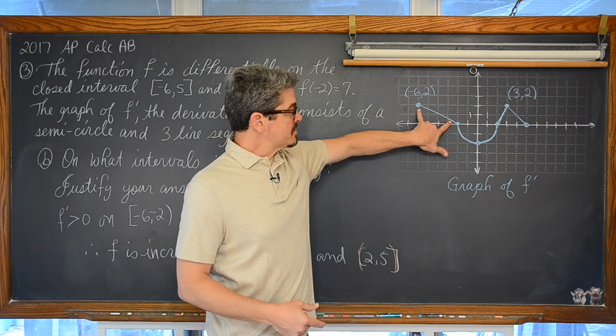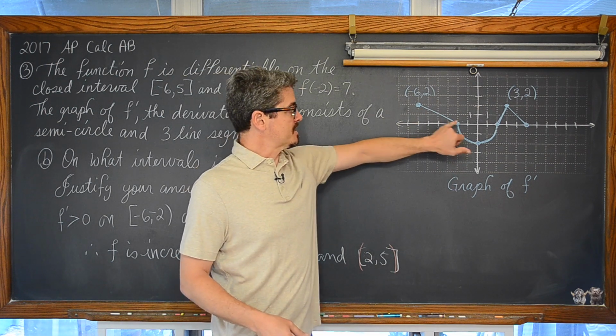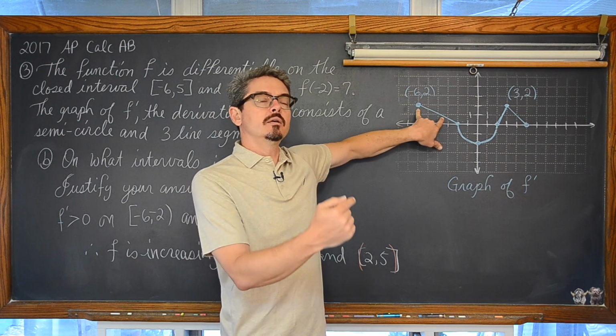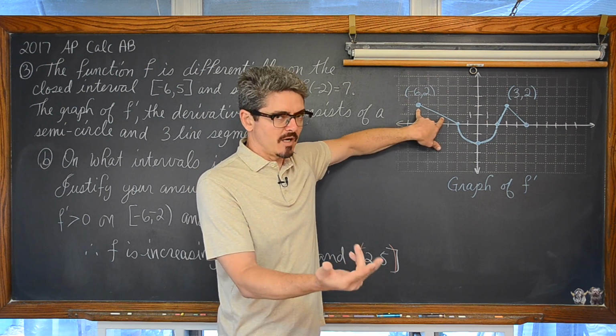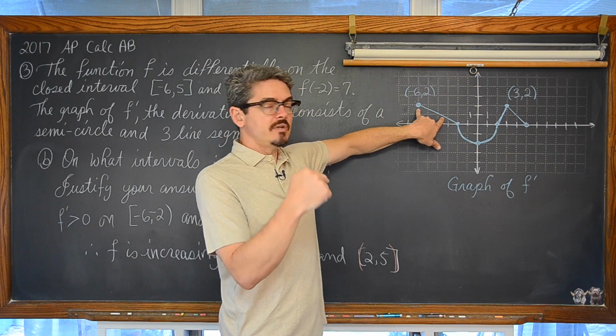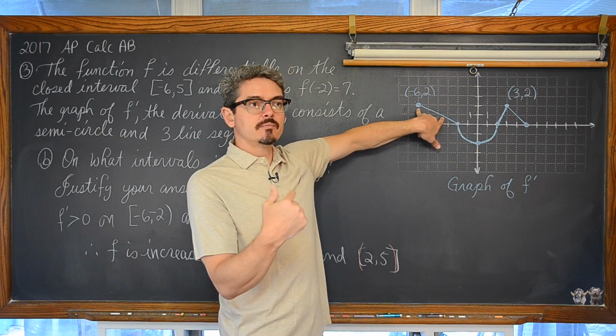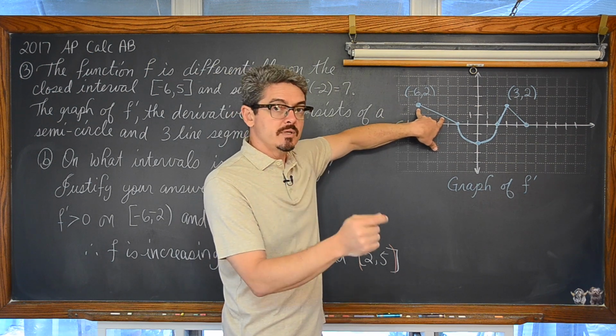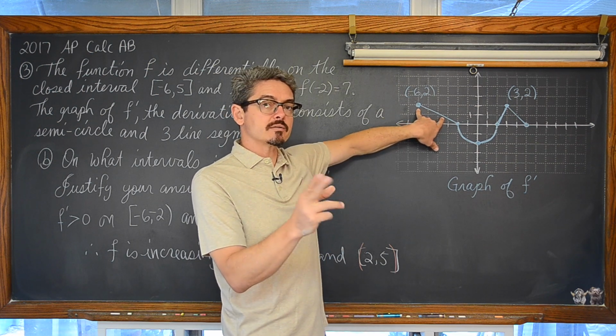So this would be an interval from -6 to -2, where f is both increasing because f prime is positive, and f is concave down because f prime, while positive, is decreasing. Of course, increasing and decreasing is not the same as positive and negative.